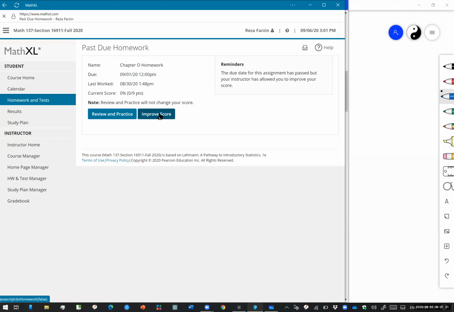But if you haven't done anything, you won't see anything. Just start doing them. But I did do mine. Yeah, and that's why it shows improve score, if there is a score to improve. When you haven't done anything, there's no score to improve, so you don't get that. But you can still do it.